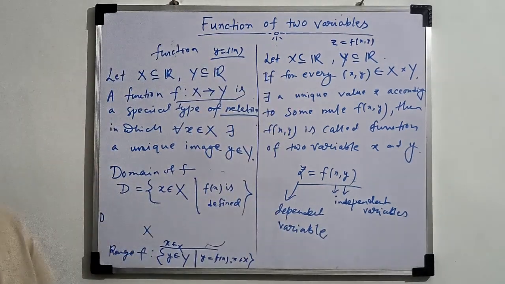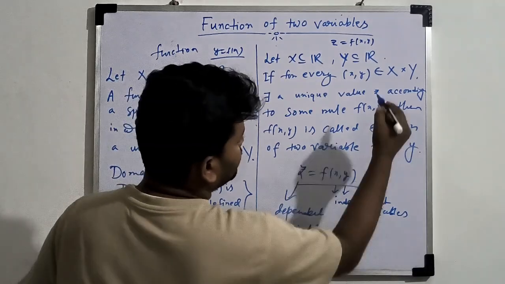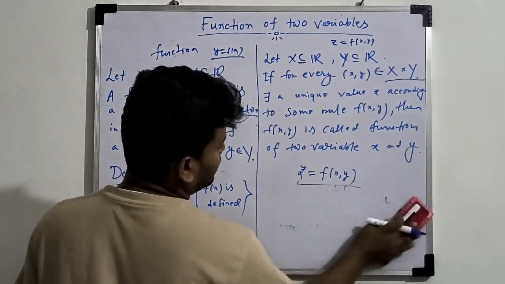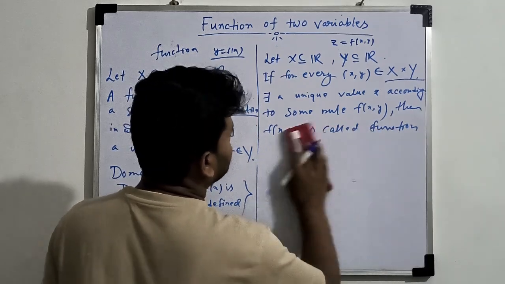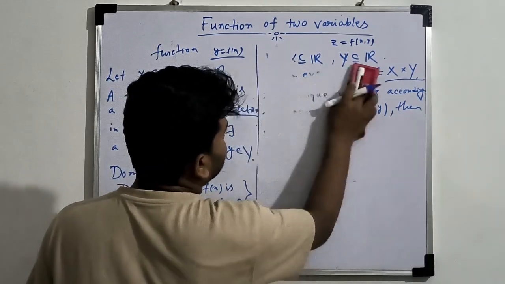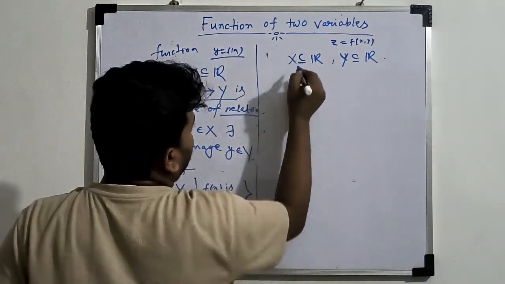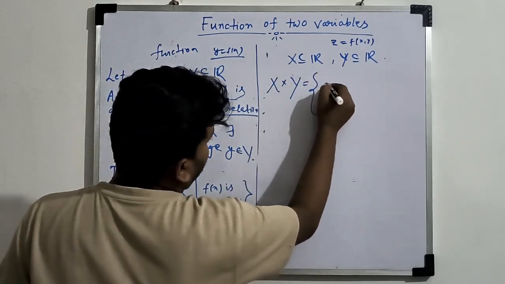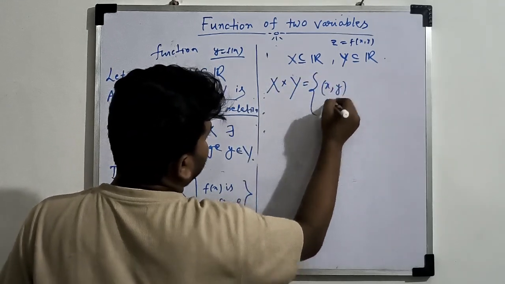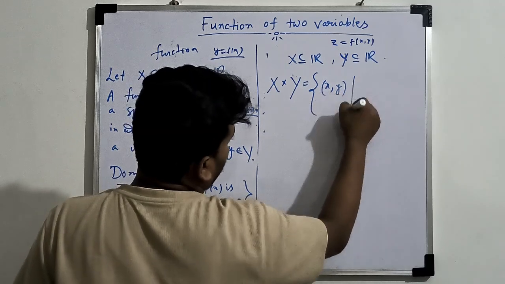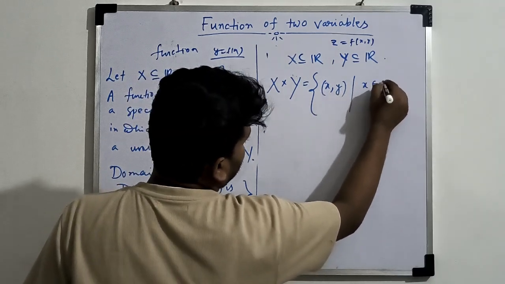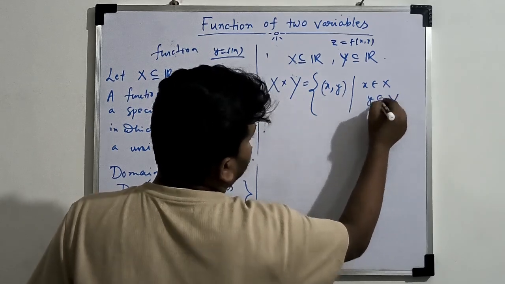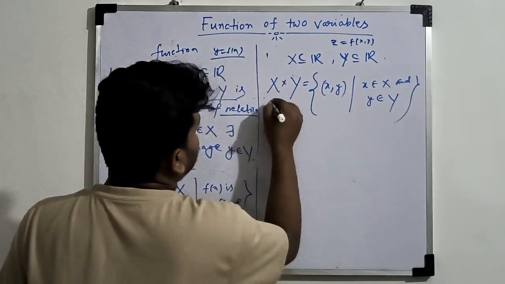So now we discuss domain. Here you can ask, what is X cross Y? X cross Y is nothing but a set, that is the cross product of two sets. If X and Y are given, then X cross Y is the collection of pairs (x,y), such that x belongs to X and small y belongs to capital Y. Then we call this set the cross product.